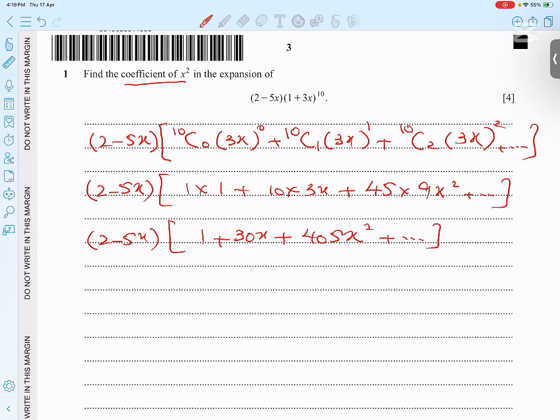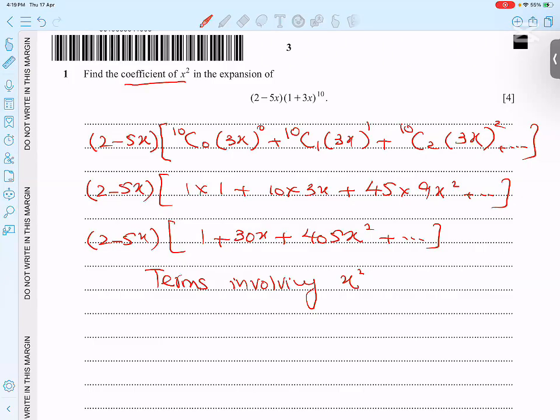So how to get the terms? So this multiply, I think so easy. Terms involving x squared.